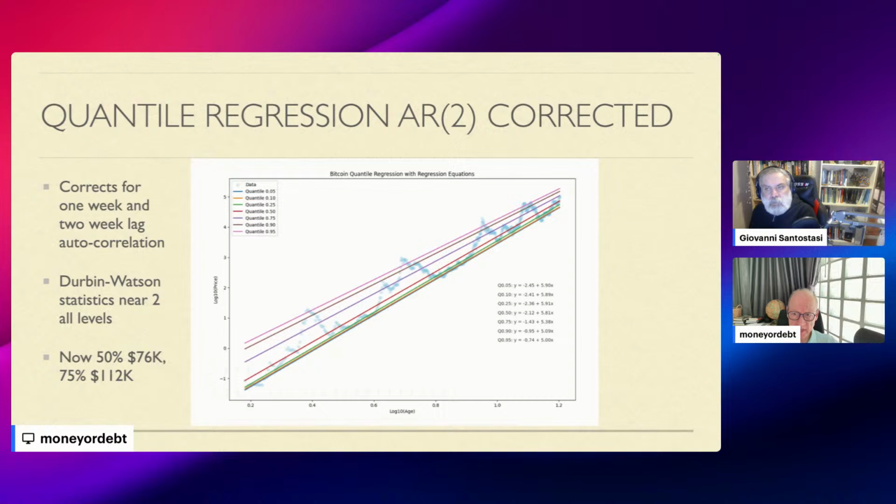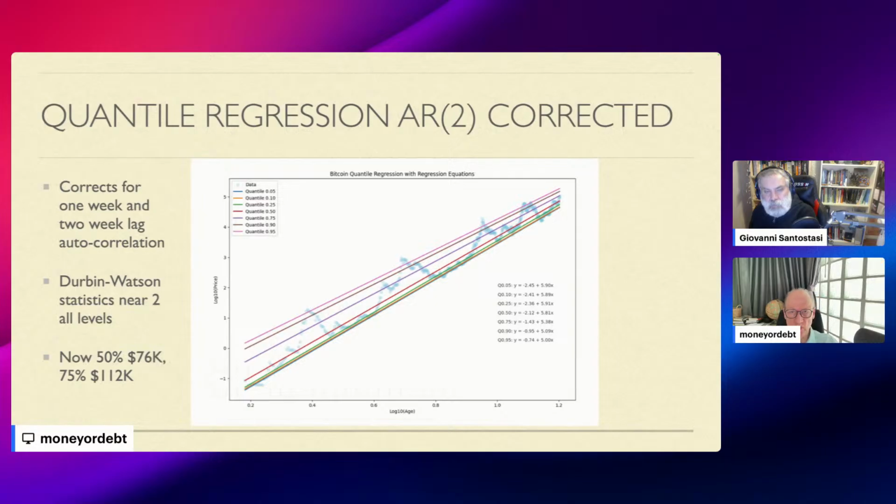And what we found was that taking 2 terms was enough. If you take 2 terms, your Durbin-Watson statistic, this test for autocorrelation, comes out very close to 2, which is what you want. 0 means highly positively correlated, 4 means highly negatively correlated, and 2 means that you've eliminated the autocorrelation. And they came out very close to 2, like 2.0 this, 2.0 that.